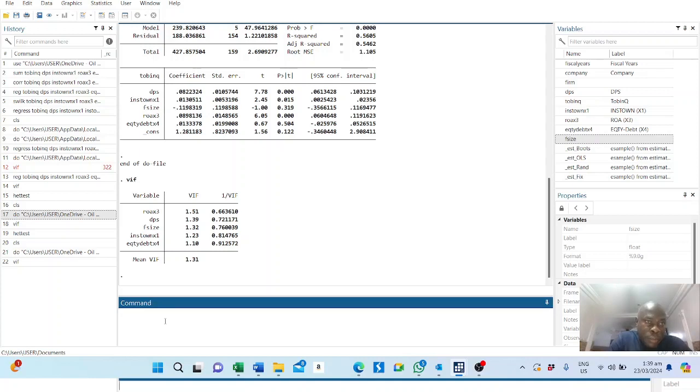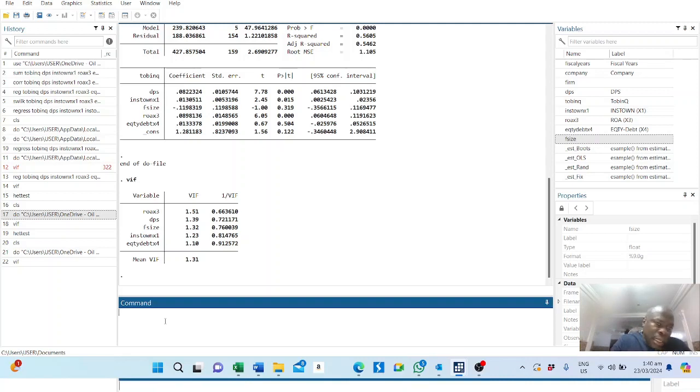In this model that we ran, Tobin's Q is the dependent variable, and we have dividend per share, institutional ownership, firm size, ROA, and equity to debt ratio as our independent variables. We discover that we do not have the issue of multicollinearity because all the independent variables' values are less than 2, and the threshold for VIF is 10. So on this basis, this model looks good to go with.